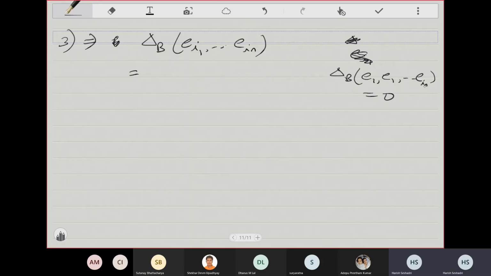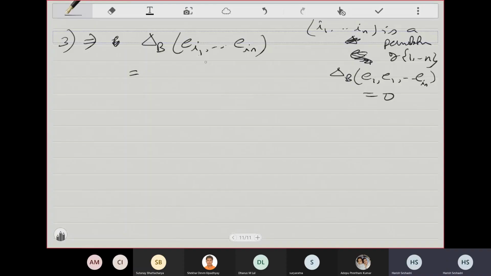So what we do is, basically, we can assume that all of them are distinct, otherwise it will be 0. But if they're all distinct, the only way it will survive is if this is a permutation of 1 to n as before.